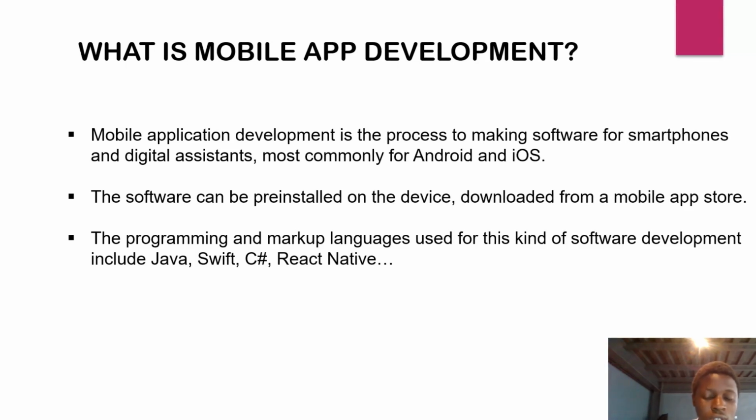That's what the second explanation is all about. The third one says the programming and markup languages used for this kind of software development include Java, Swift, C Sharp, React Native, and so many others. It's just helping us understand that these are the languages used in developing software like this.